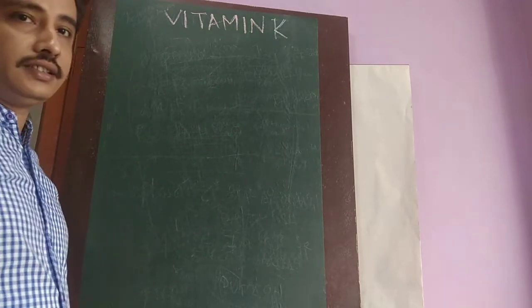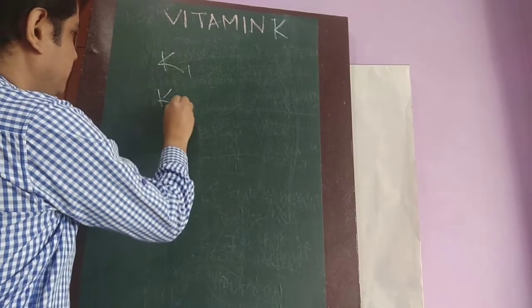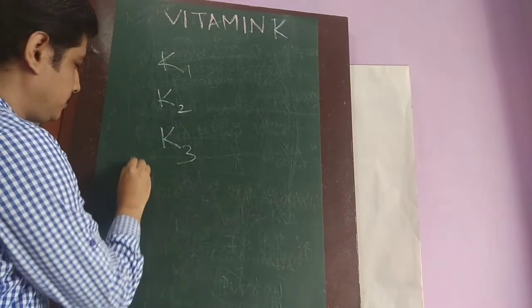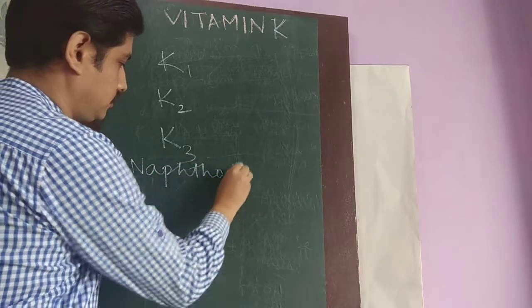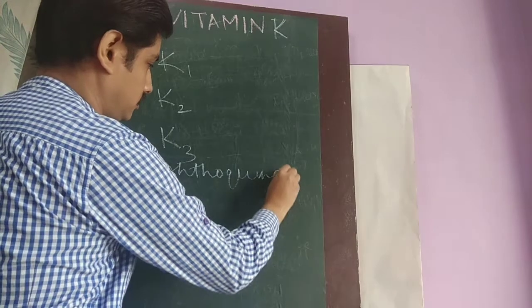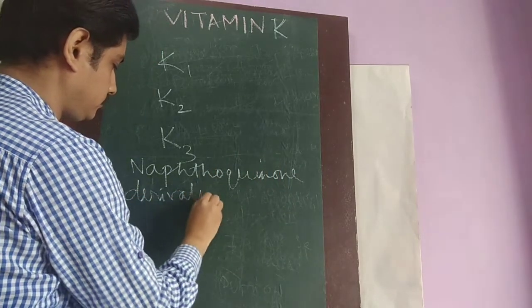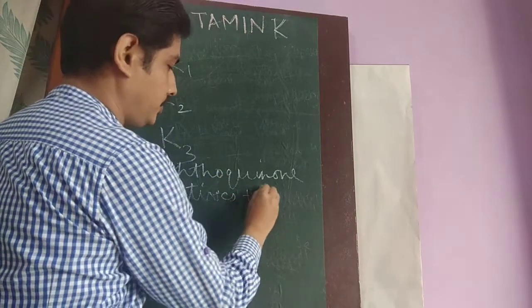Vitamin K exists in three forms: vitamin K1, vitamin K2, and vitamin K3. All are naphthoquinone derivatives with isoprenoid side chain.